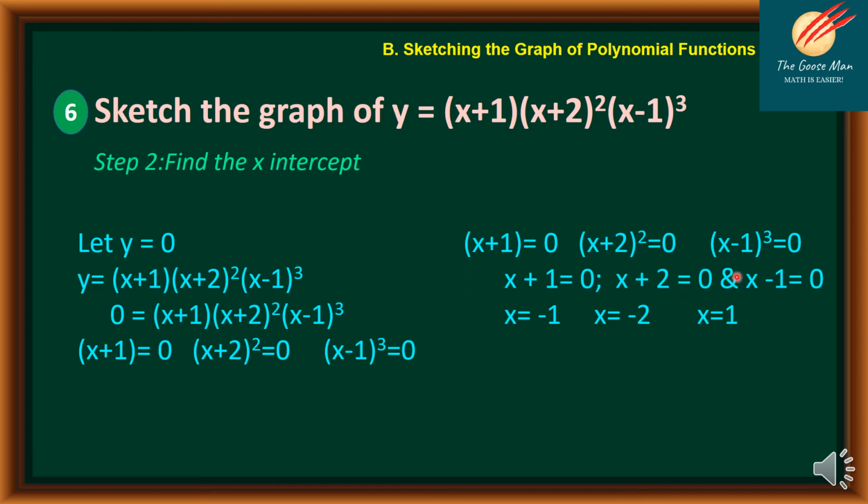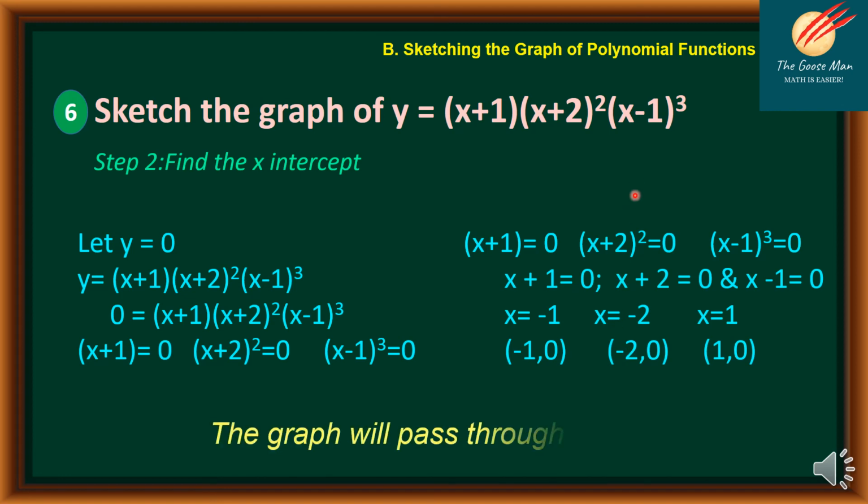Similarly, if we extract the cube root of (x minus 1) cubed on both sides of the equation, we will have x minus 1 equals 0, or x is equal to 1. So we have (negative 1, 0), (negative 2, 0), and (1, 0) as the x-intercepts of the given function. It means that the graph will pass through these points.